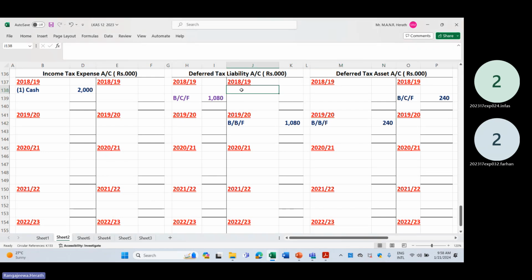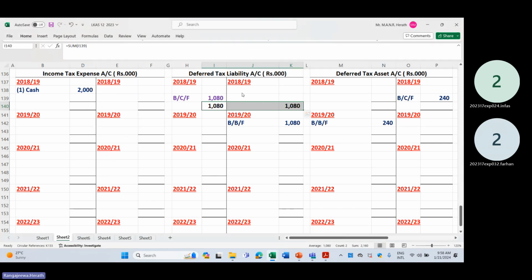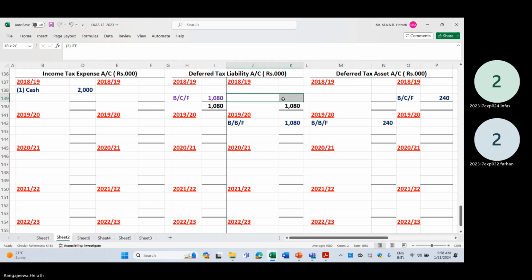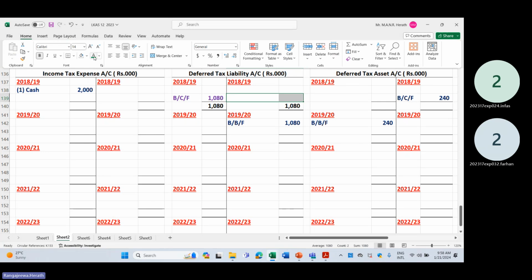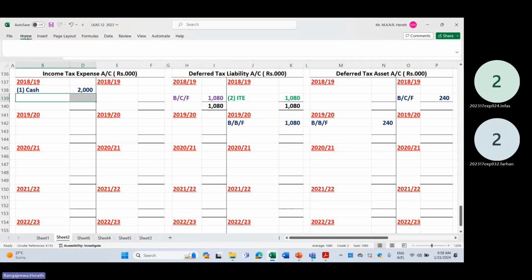So first year, there should be a creation of deferred tax liability, no opening balance. So it increased to 1,080. So the deferred tax liability creation 1,080. You can have that 1,080 tax expense debit, deferred tax liability credit.